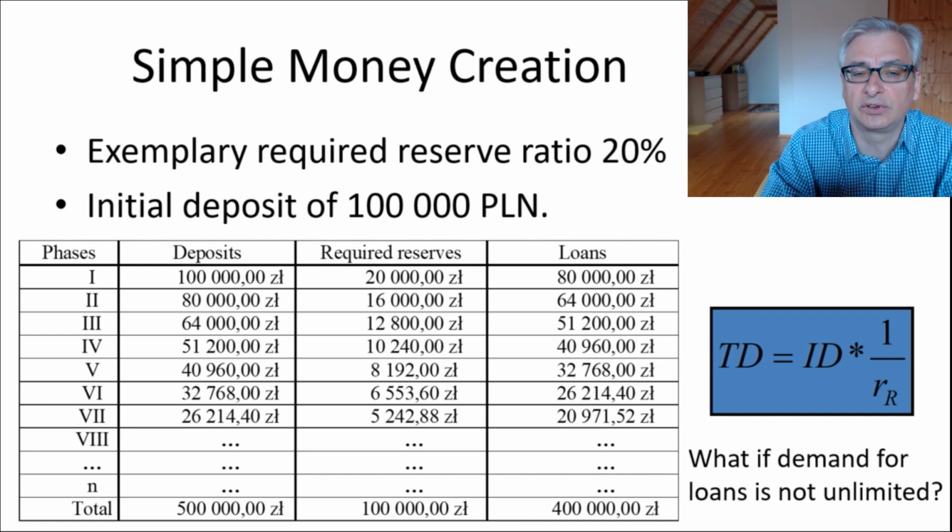The required reserve ratio is 20%, so 20% of our deposit is 20,000. So we've got a deposit of 100,000, we've made a required reserve of 20,000, and that leaves us with 80,000 that we can actually give as a loan.